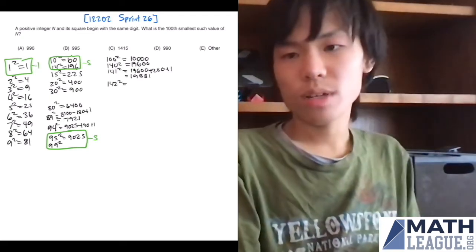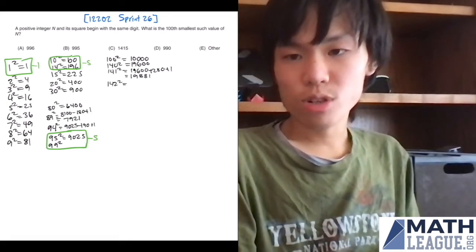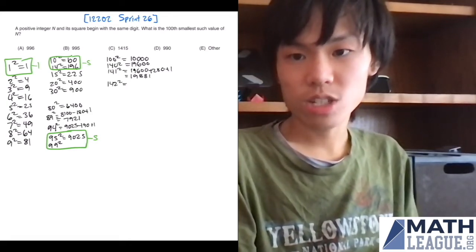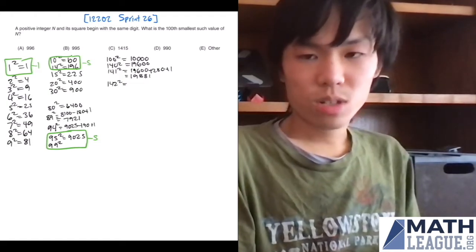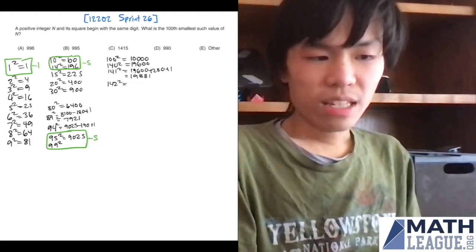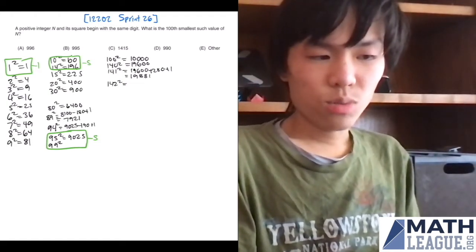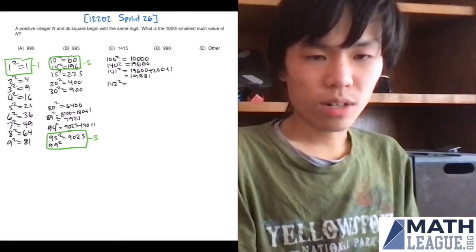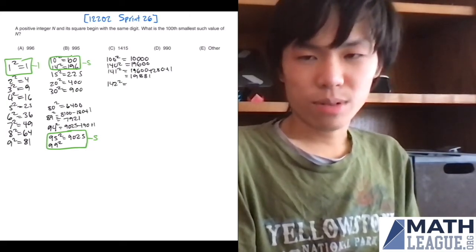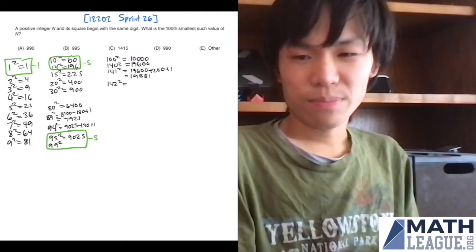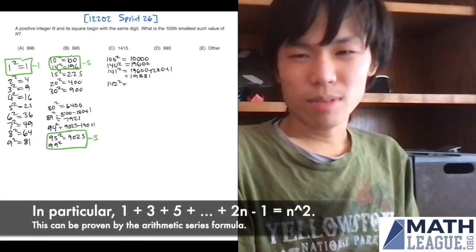I really don't want to do any 3-digit multiplication. Unfortunately, I don't have a calculator on hand because it's a sprint round. So thinking of those squares, I see that you add 281 to 140 squared to get 141 squared. And thinking of those odd numbers, I remember something about adding odd integers up to get squares.